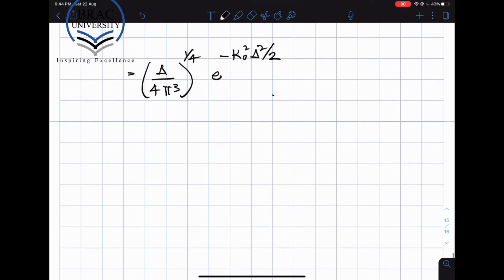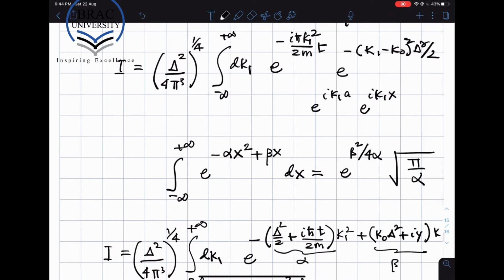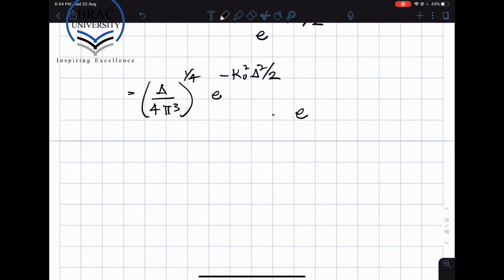We use this, so we write e to the power beta squared by 4 alpha. Beta squared is going to be (k0 del squared plus iy) whole squared, then there's 4, and alpha is going to be del squared by 2 plus i h bar t over 2m.